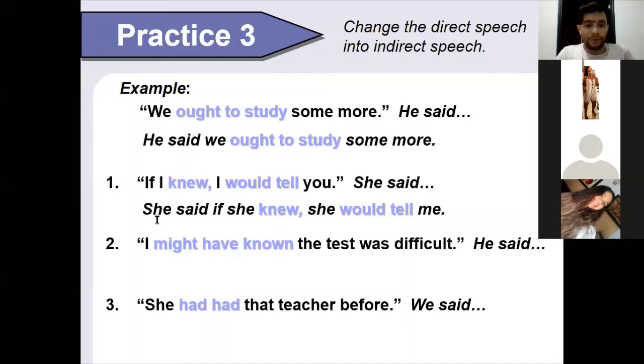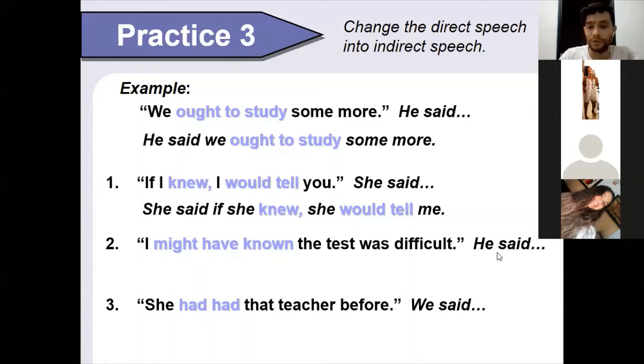Let's continue. Number 2, I might have known the test was difficult, he said. So guys, how would it be?